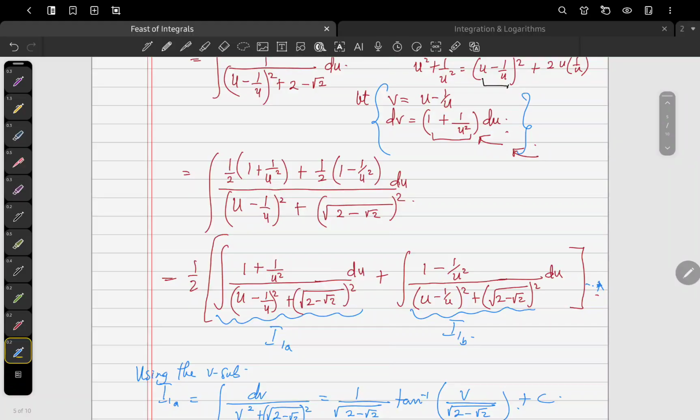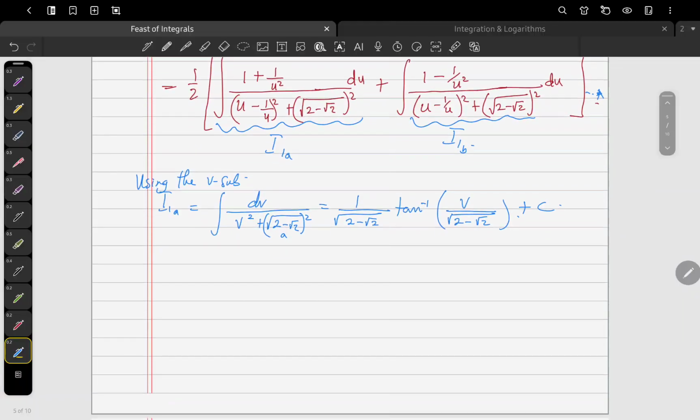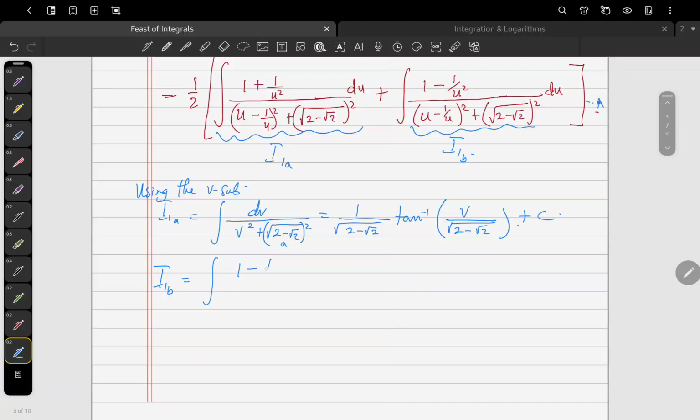So for the other one, we can use, let me think about it for a minute. Okay, let me just write it out first. So I1b is equal to the integral of 1 minus 1 over u squared over u minus 1 over u all squared plus square root of 2 minus square root of 2 du.